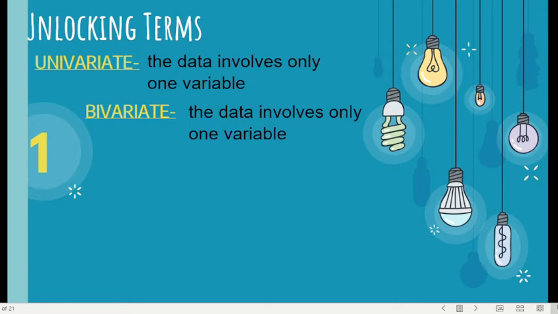For example, what we had earlier in the exercise: the age of basketball players and their salary. Those are two variables. Another one is the season of the year and the cost of grapes. So we are talking about two variables.